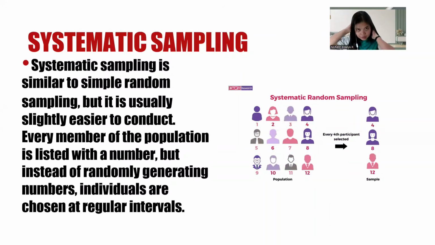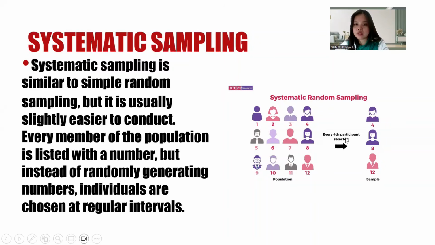Then we have systematic random sampling. When we say systematic random sampling, there is a pattern. In this example, we have 4 participants. The K here is represented by K, and it is based on the researcher. If you want every 5th sample, you can do it.